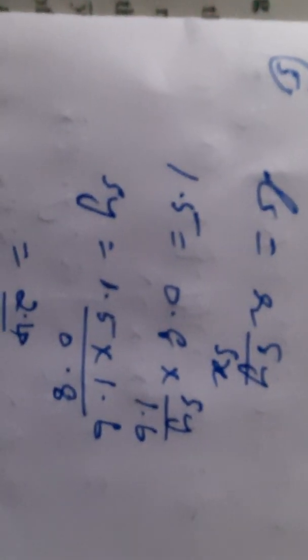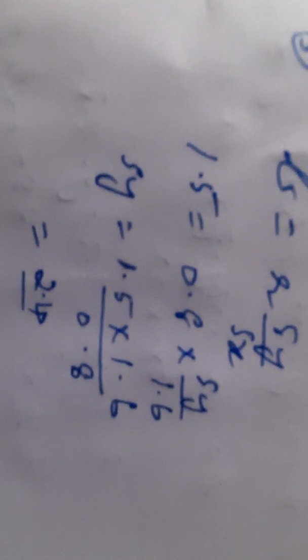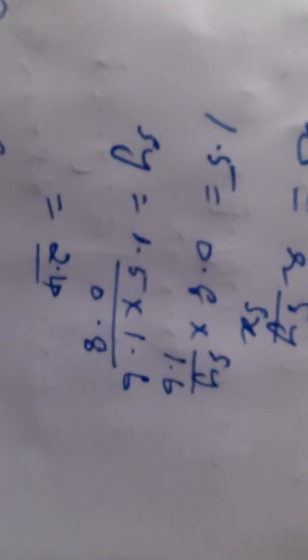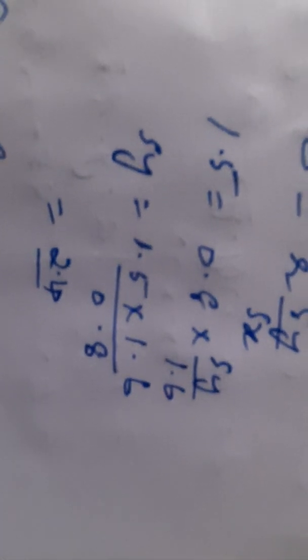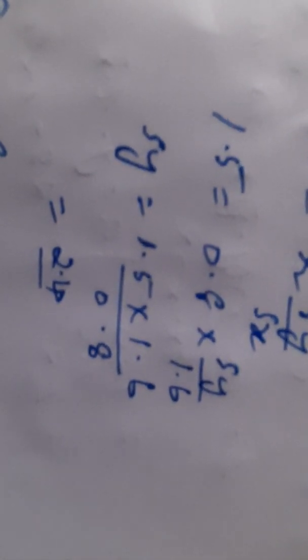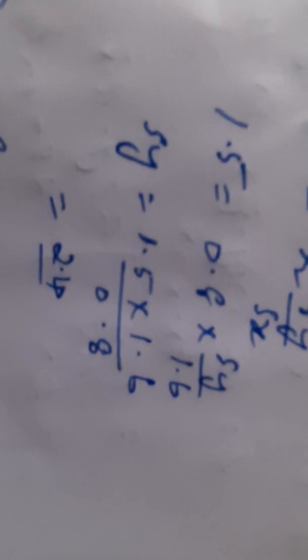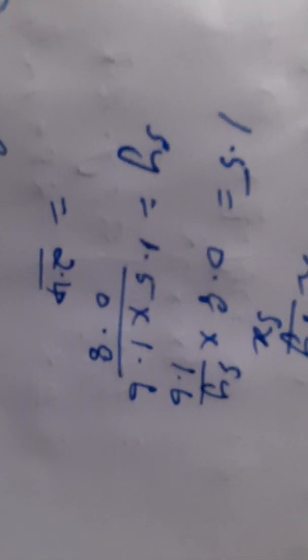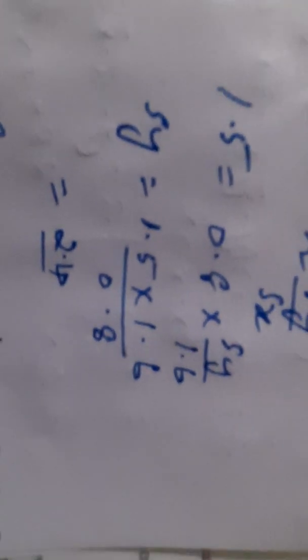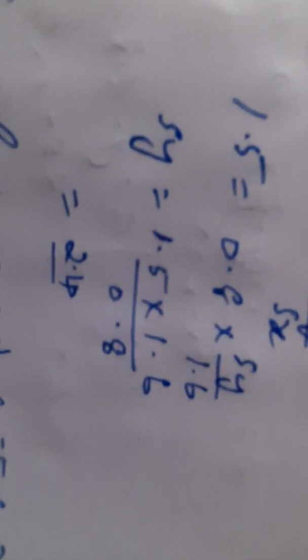So b is given as 1.5, which is equal to 0.8 into sy upon 1.6, which is sx, and therefore sy is equal to 1.5 into 1.6 upon 0.8. So that is 2.4. So the answer to the question is 2.4. That is question number 5.